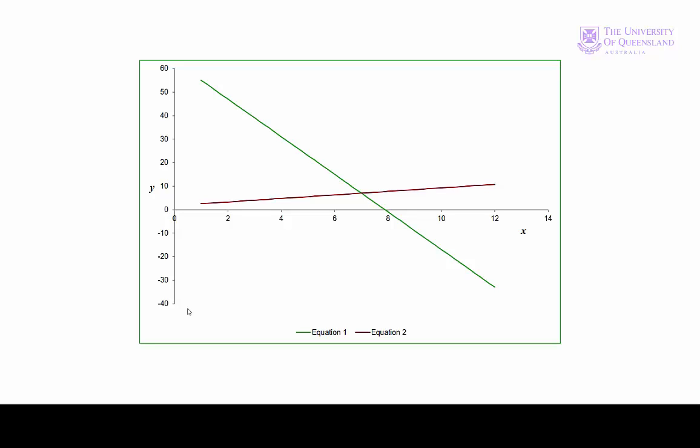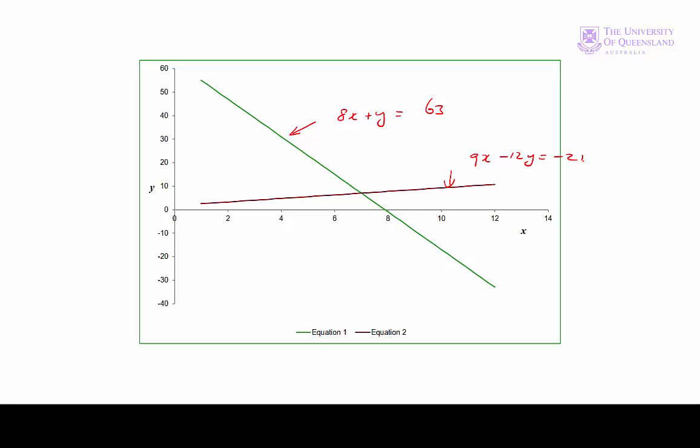Here we've graphed those two equations. We have equation 1, 8x plus y is equal to 63. And this is equation 2, 9x minus 12y is equal to minus 21.